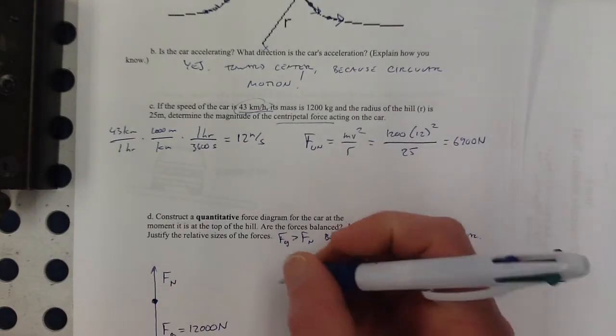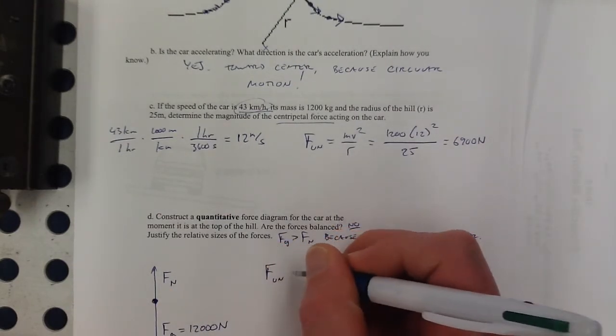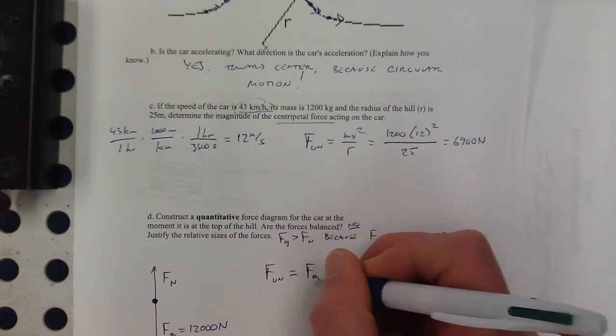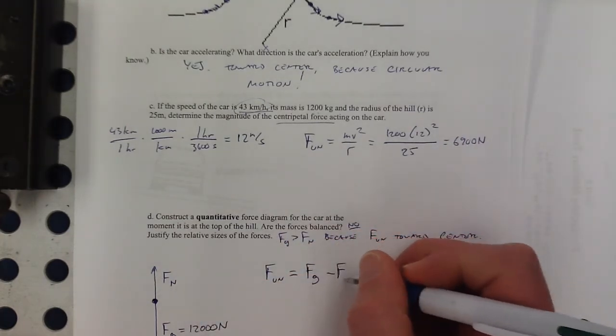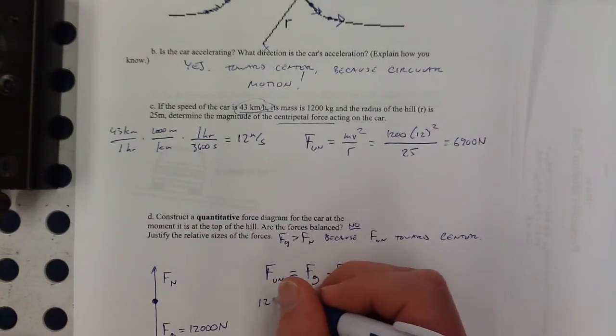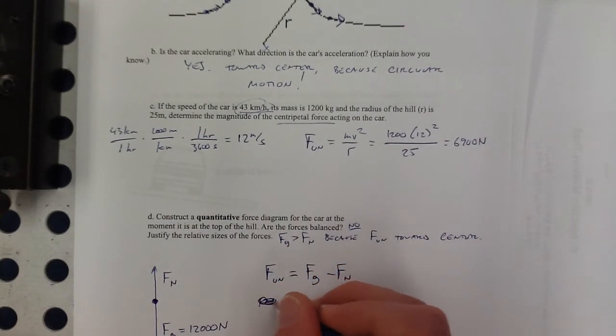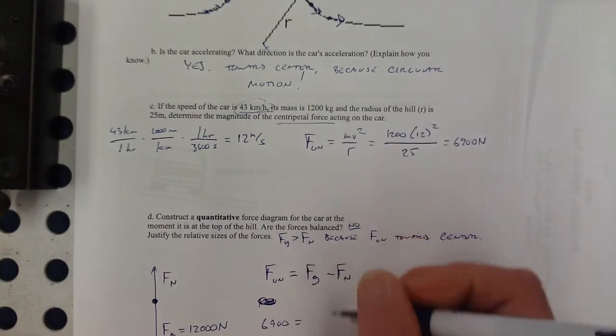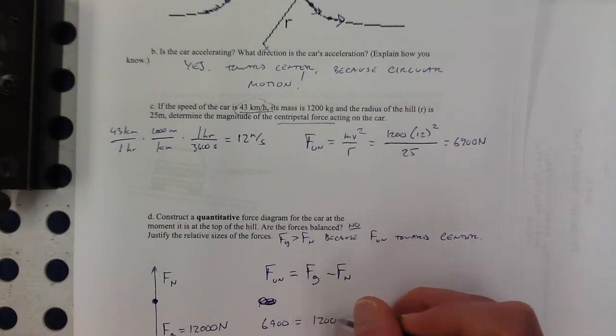So now my equation looks like unbalanced force is equal to gravity is winning versus the normal force. So that unbalanced force, which is 6,900, is equal to the force of gravity minus the normal force.